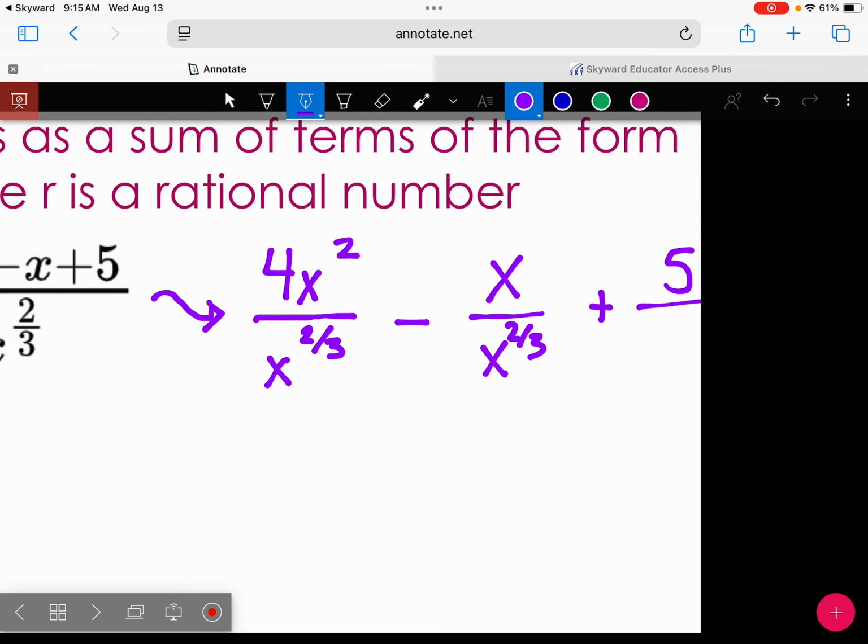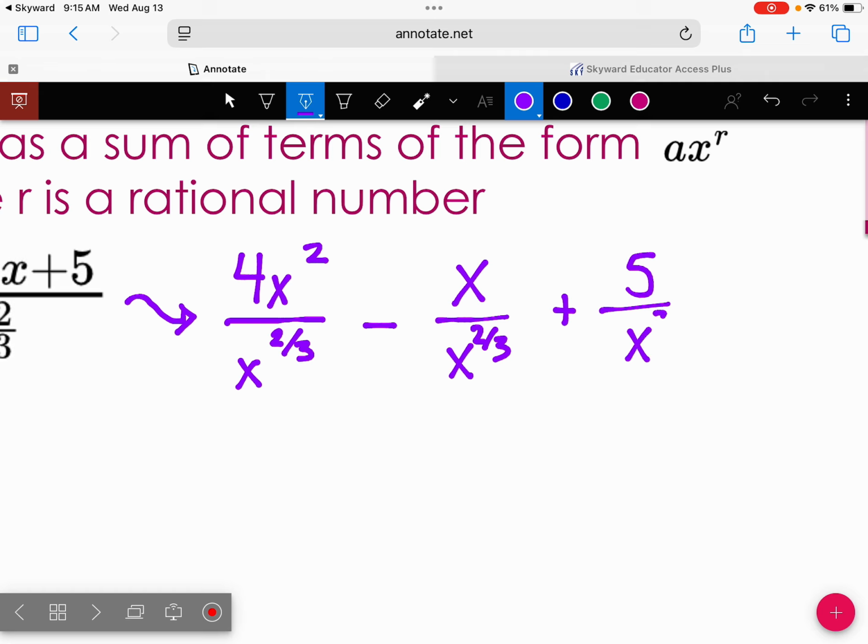So I'm uncommoning this denominator. As long as there's not adding or subtracting in the denominator, we can split it apart like that to simplify. If we have adding or subtracting in the denominator, that's when we need to factor before we can start doing any simplifying.